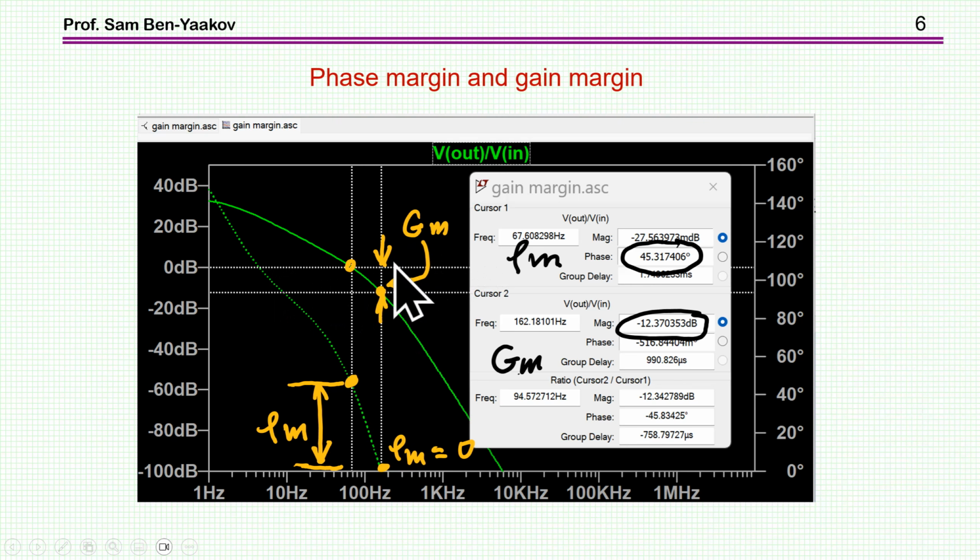So in this particular case, we have a phase margin of 45 degrees, and the gain margin is this distance between the gain of the system when the phase is 0 and the 0 dB, and in this particular case, it is 12 dB.